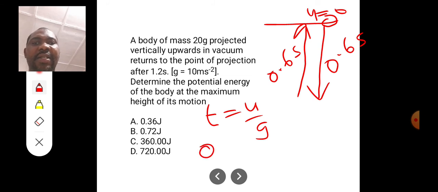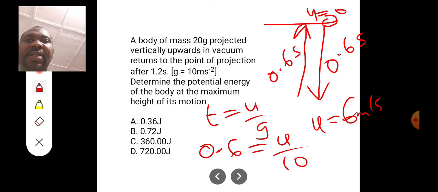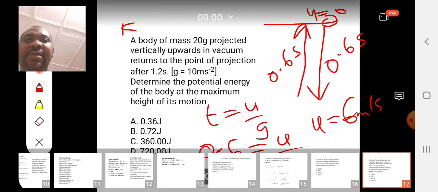So since the time to reach the maximum height is 0.6, 0.6 is equal to u all over your g. Your g is 10, so that means your u will be equal to 0.6 times 10 by cross multiplication, which gives us 6 meters per second. So in this case, we can use kinetic energy.